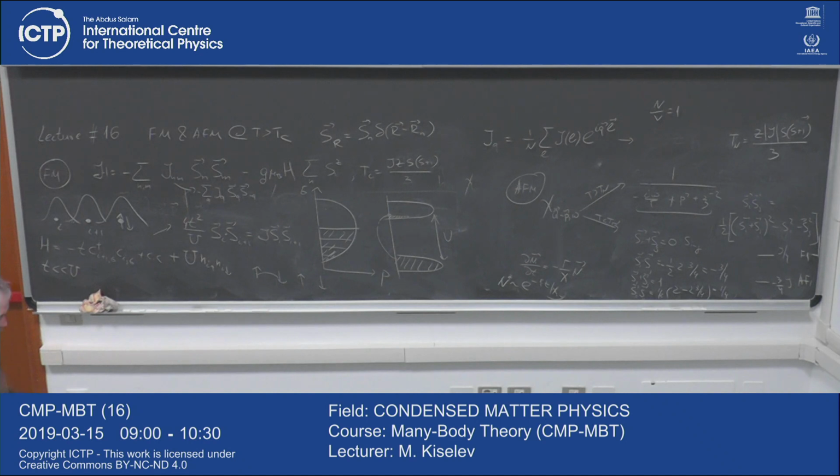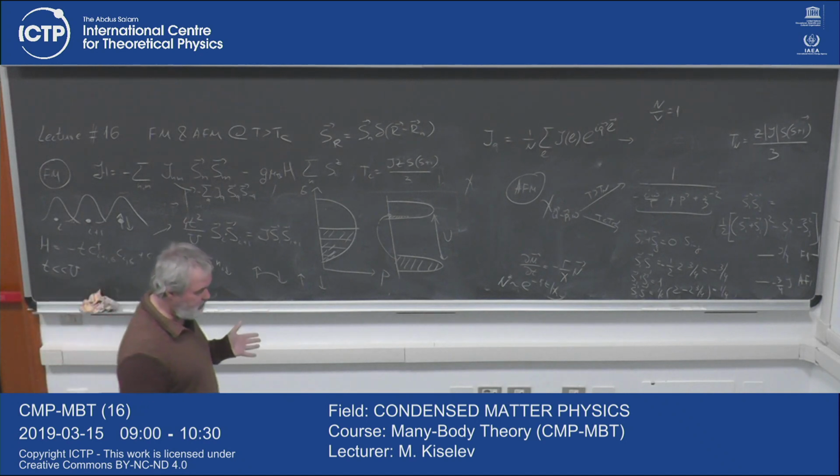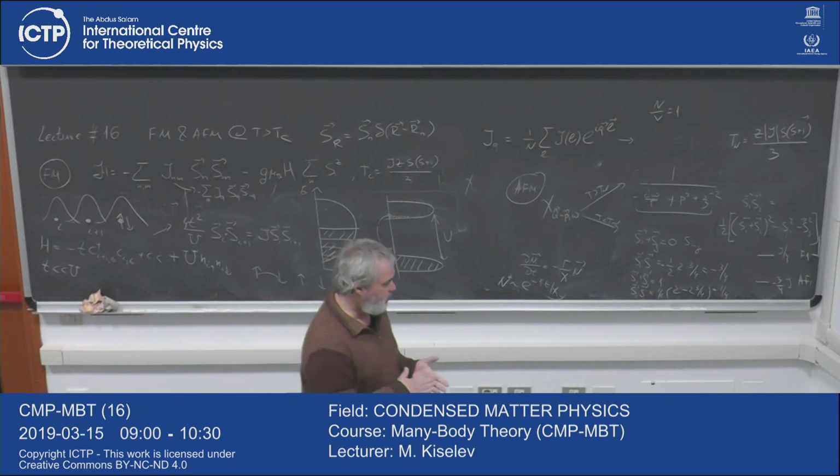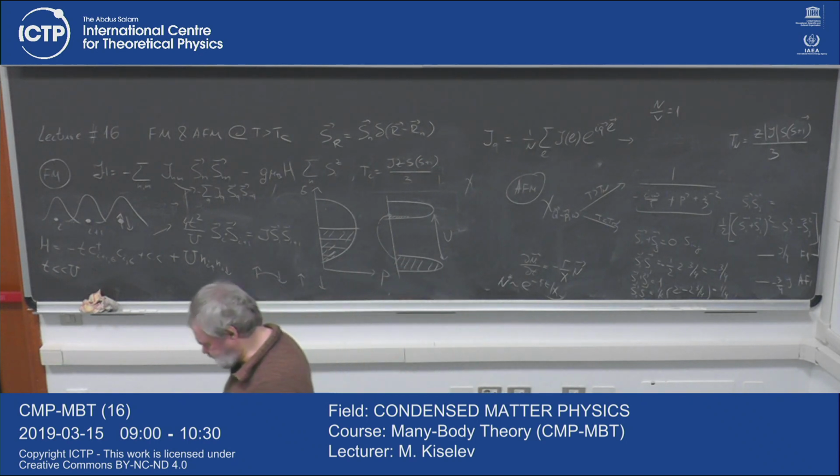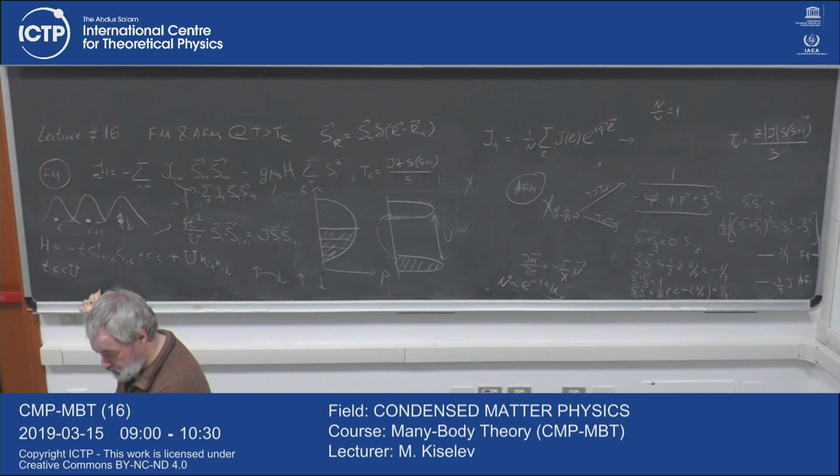This model is called the t-J model, and many people believe, and this belief is supported by calculations, that the physics of high temperature superconductivity is described by the t-J model, or that it is at least very important for the physics of strongly correlated systems.